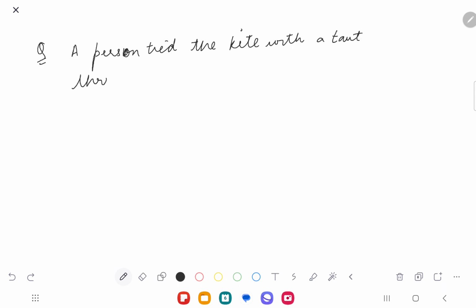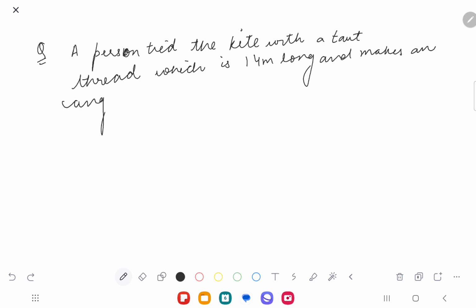So have a look at this particular question. The question says a person tied the kite with a taut thread which is 14 meters long and makes an angle of 30 degrees with the ground.